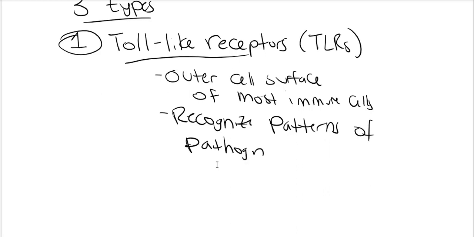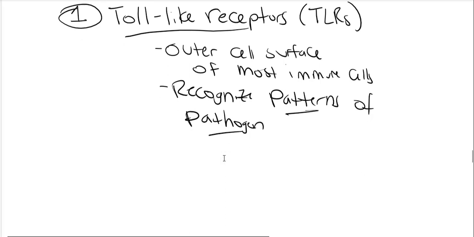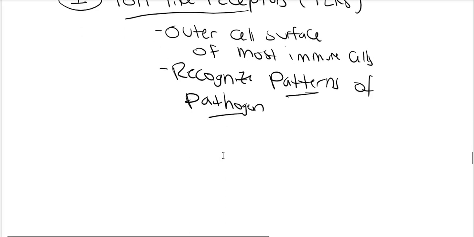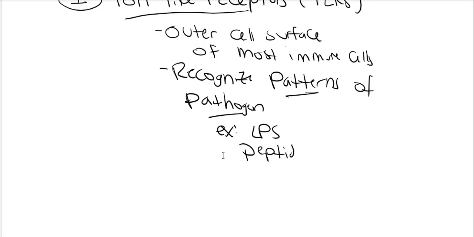So think back to earlier in the semester. What are some patterns, some things that are unique to pathogens only? I'll give you some examples. LPS, lipopolysaccharide, is a unique pattern found in gram-negative bacteria. Another one, peptidoglycan.